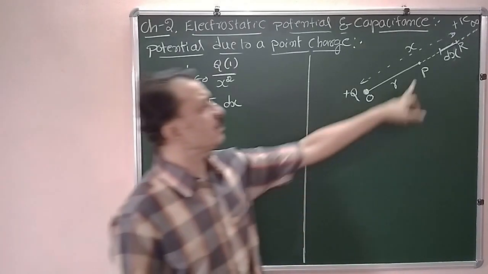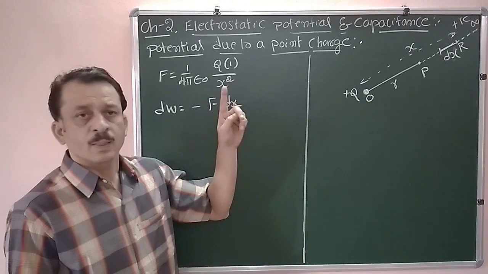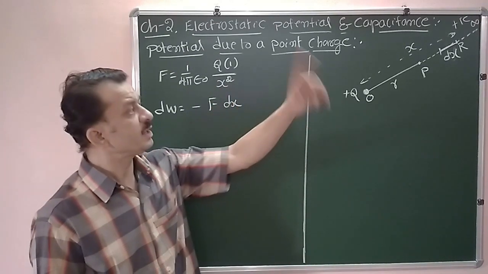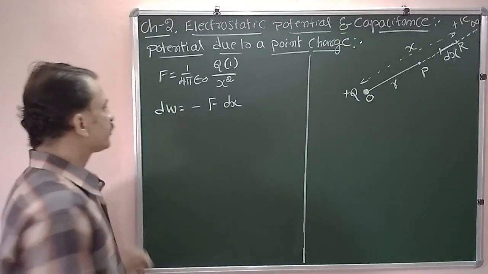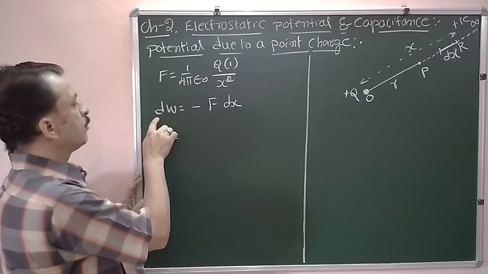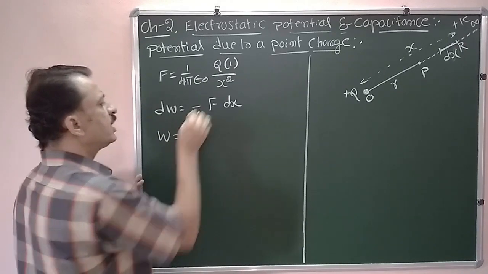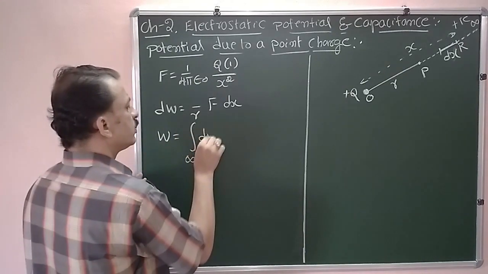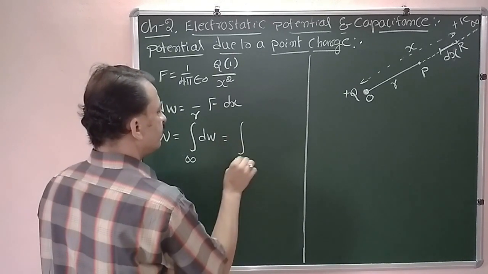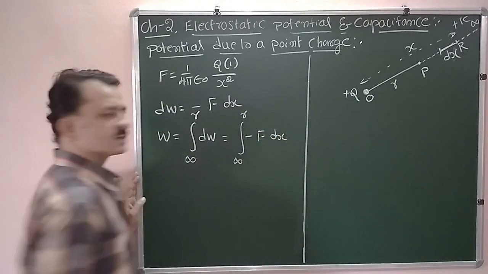Now our aim is to find the potential at P. According to the definition, it is the amount of work done in bringing that unit positive test charge from infinity to the point P. So the total work done is obtained by integrating dW from infinity to R, which is the integral from infinity to R of minus F into dx.